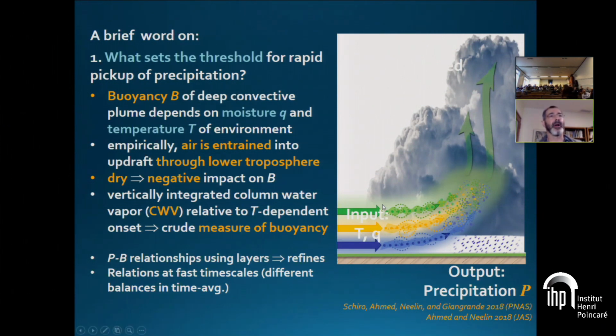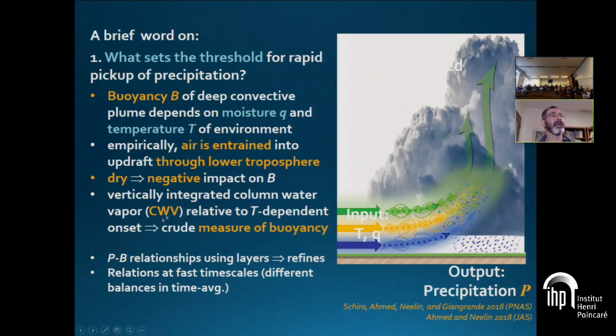Of course, if you're bringing in dry air, you tend to have a negative impact on your convection. And between those various factors, if you're too warm, you also have a negative impact, although you're increasing the amount of water vapor your air can hold.